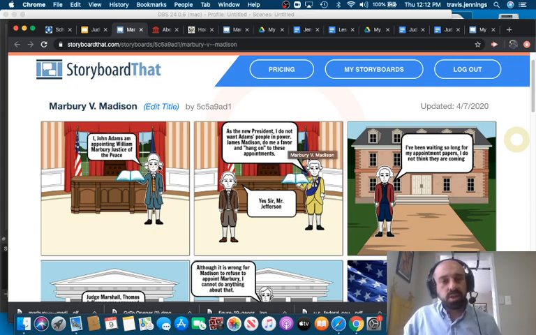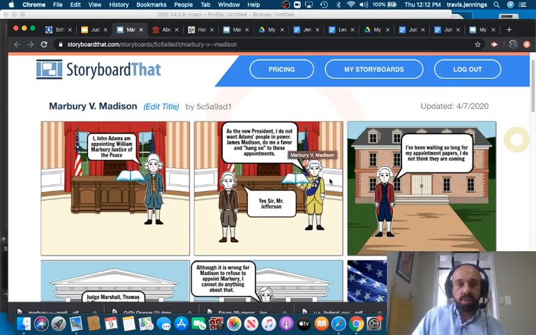John Adams did something called midnight appointments and appointed a bunch of people before he left office. So Thomas Jefferson, as the new president, didn't want Adams' people in power. So he said to James Madison, hang on to these appointments so that they don't get them, and he can appoint his own people in due time.